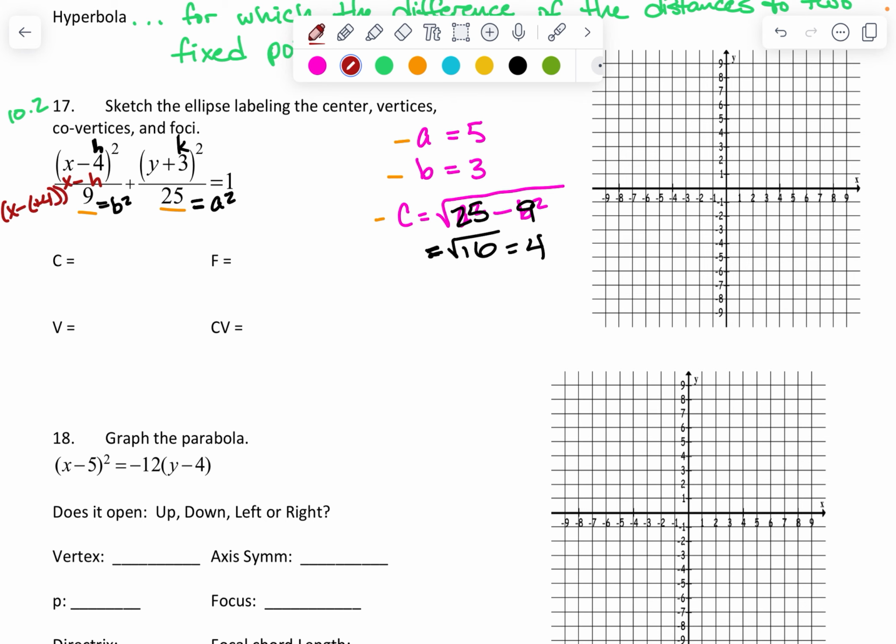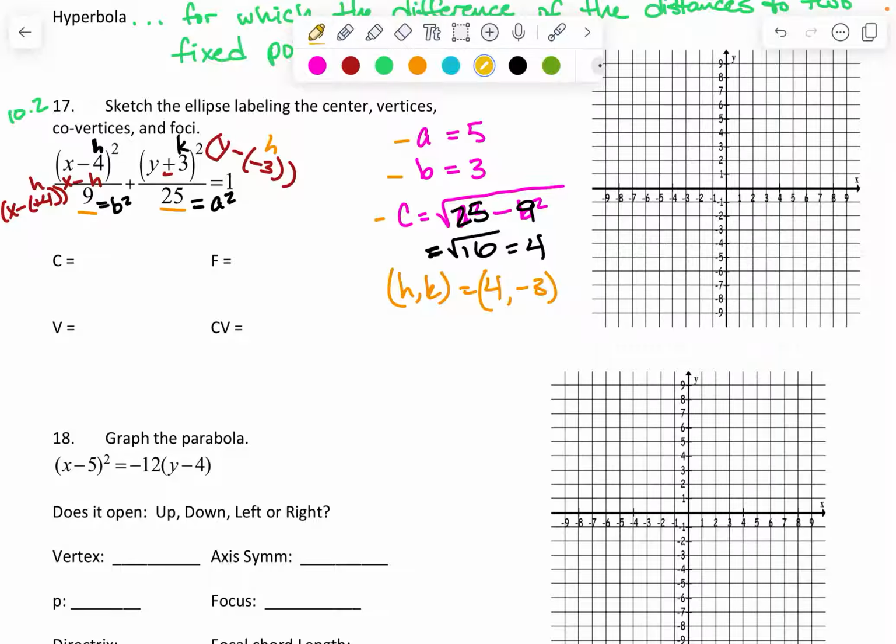And on this side, we've got y minus, well, how did it become a positive? It's because it's actually minus negative 3. So our h is positive 4, our k is negative 3. So our center is located at 4, negative 3.